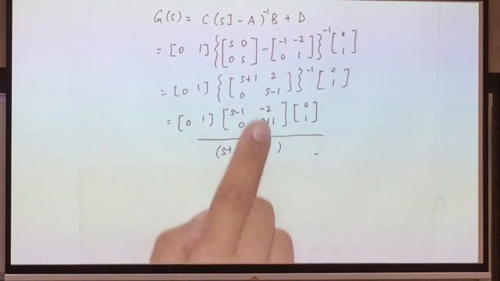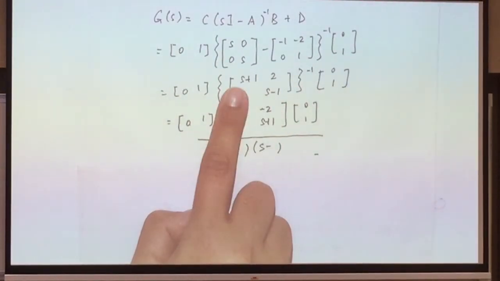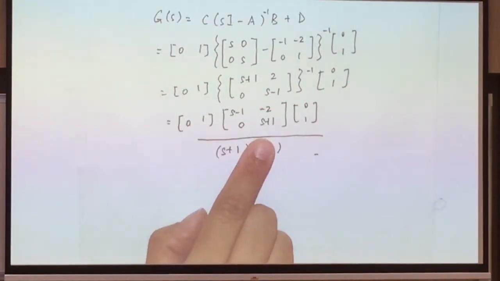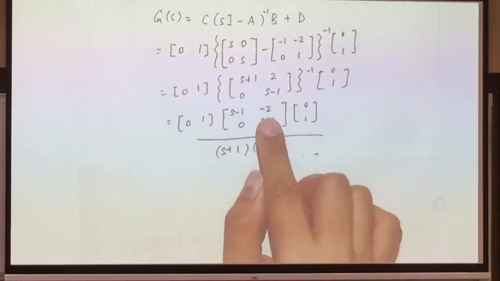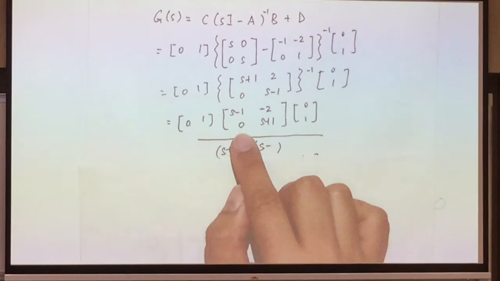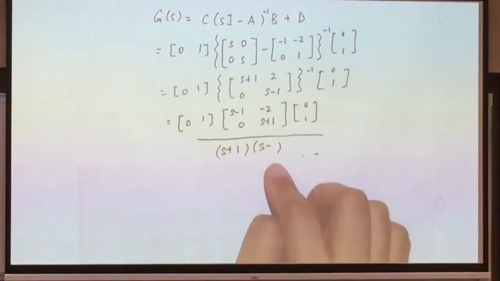You swap the diagonal terms, so you shift s minus 1 up and s plus 1 down. And you multiply the other diagonal by negative. So 0 stays 0, and 2 becomes minus 2.